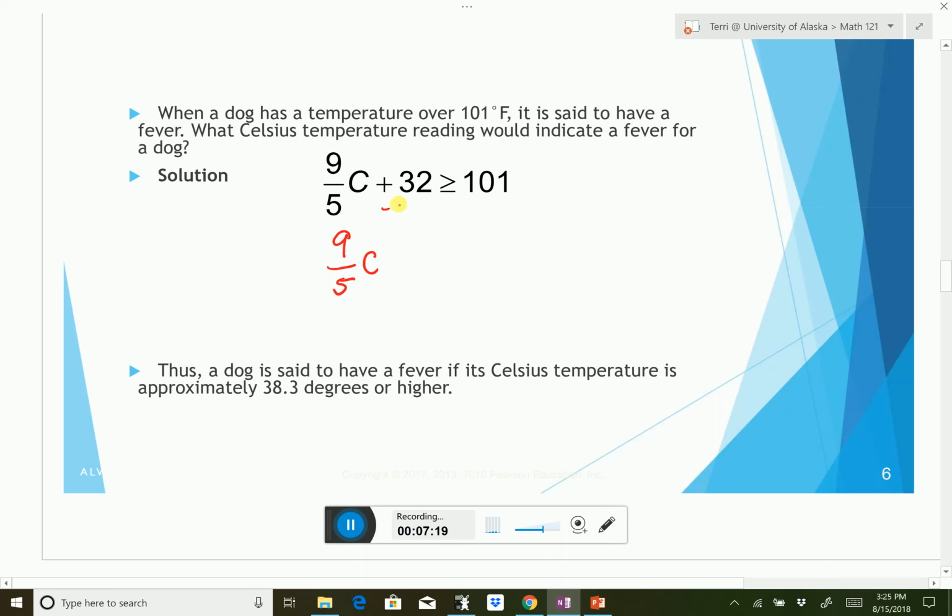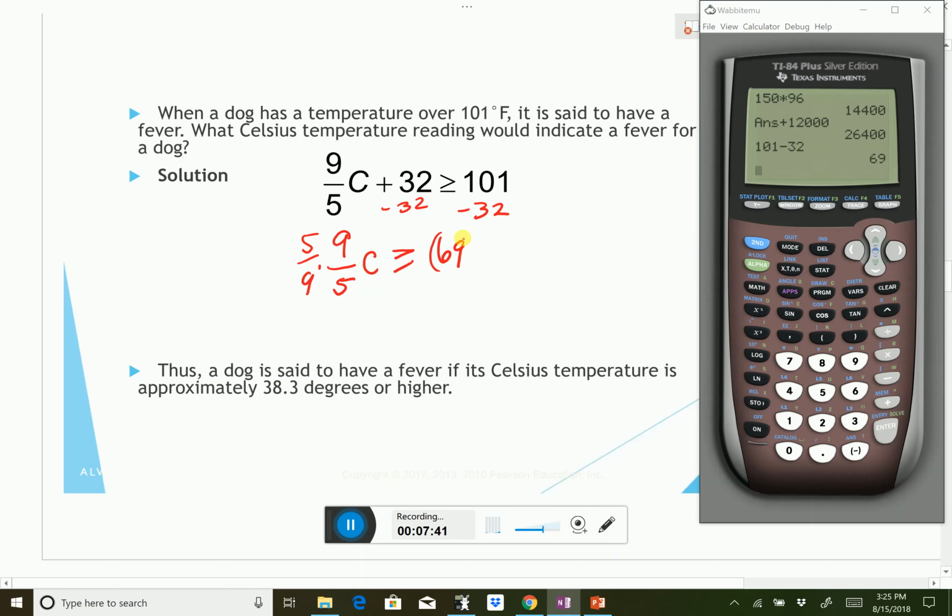Subtract 32 from both sides, greater than or equal to 101 minus 32, 69. I'm just going to multiply both sides by 5/9. Just get rid of everything at once.